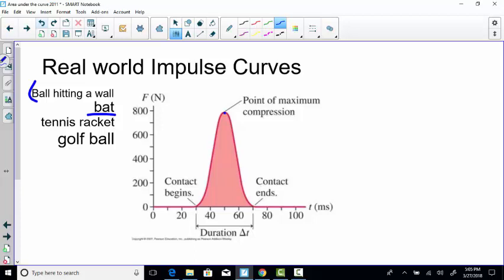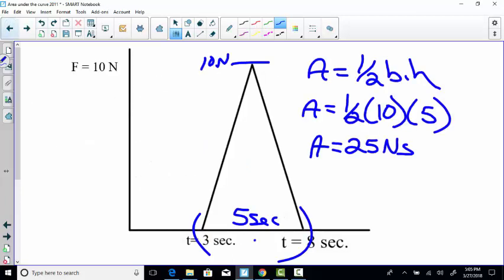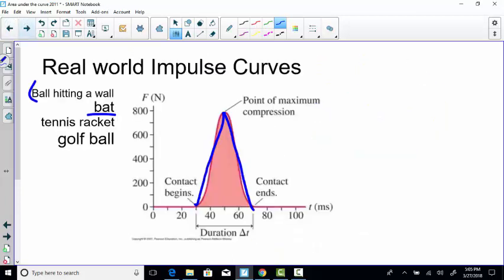Well, the best way to do that is to get a best approximation of a triangle, and so we make a triangle out of this, just like this previous one, which is why I showed you this one. So you can make a triangle out of this, and then technically this area that's right here is replaced by this area, and this area that's out here is replaced by that area, and it's a good approximation. So we can use that to calculate an area.